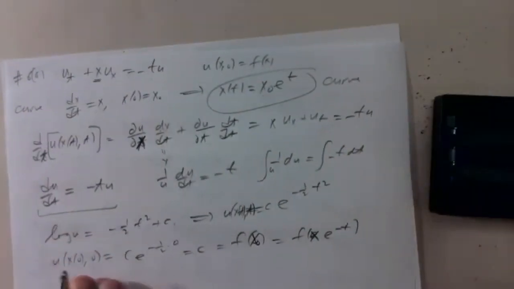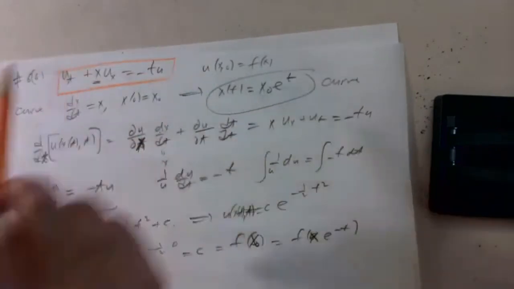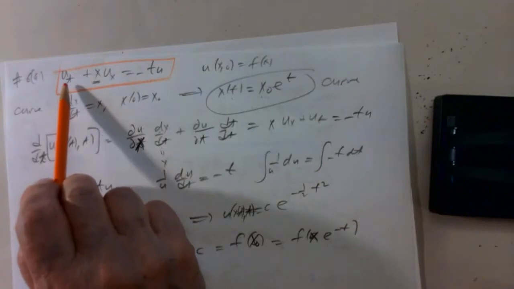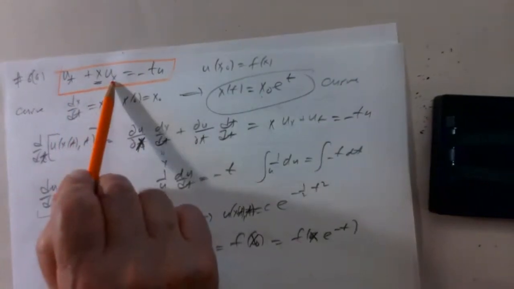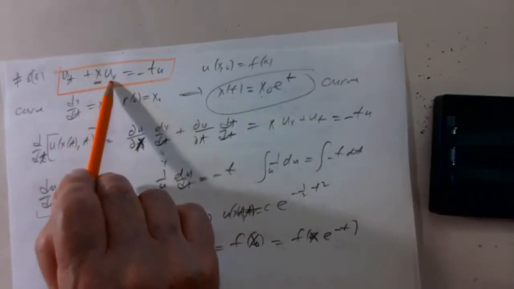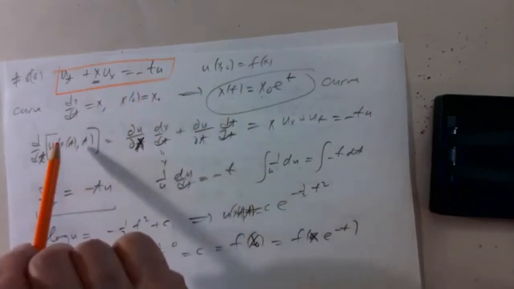Everybody's so quiet. So let me just go back and look at this again. This is my differential equation. It's first order, there are only first derivatives: partial of u with respect to t, partial of u with respect to x. It's u t plus some function times u sub x, equals, it's not homogeneous, minus t times u.